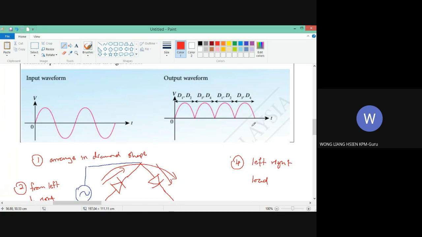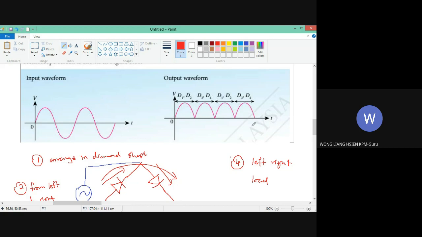If you connect this kind of current to an electronic device, for example your handphone, to charge your handphone, your laptop, or connect to your television, the electronic components in them will get damaged very quickly, because when the voltage decreases, the electronic components become hot and cold, hot and cold.